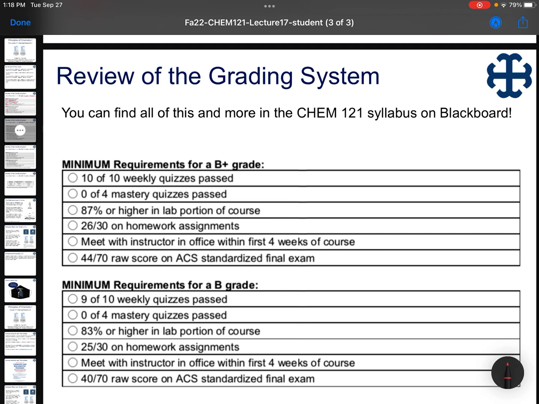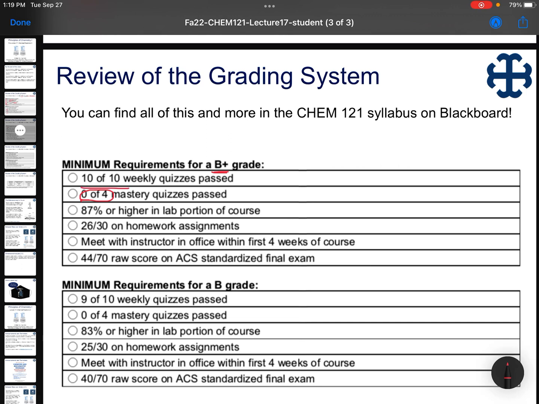So instead of an A or an A-, once you're at a B+, hopefully you notice that you need no mastery quizzes passed in order to get a B+ in this course. So if you don't even attempt a mastery quiz for the entirety of this course, you could still get a B+. I would, of course, recommend that you continue to attempt mastery quizzes as they cannot hurt your grade.